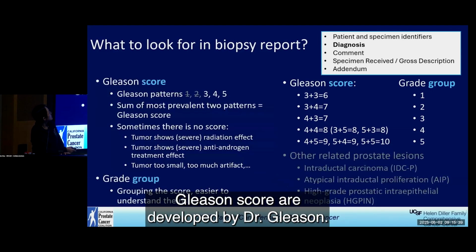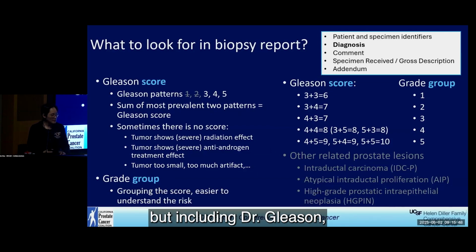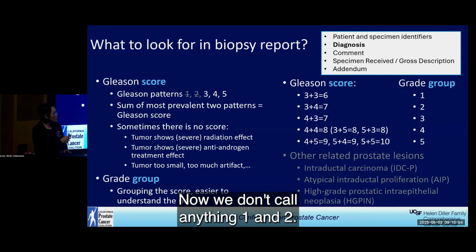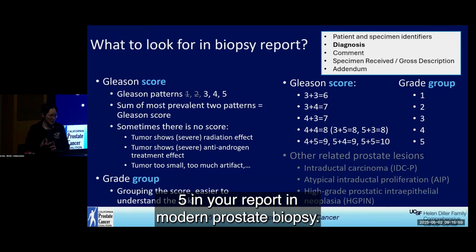So Gleason score was developed by Dr. Gleason. Actually it's a team, including Dr. Gleason, who separated prostate cancer into 5 different pattern groups. And now we don't call anything 1 and 2. So practically you only see Gleason pattern 3, 4 and 5 in your report in a modern prostate biopsy.